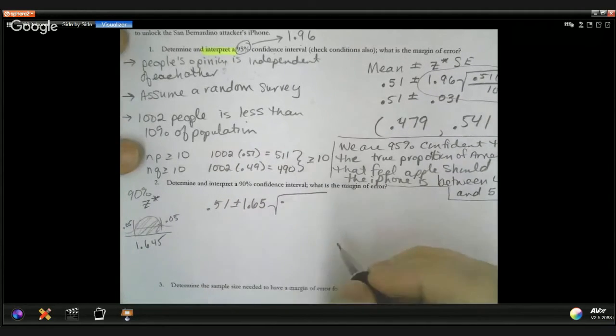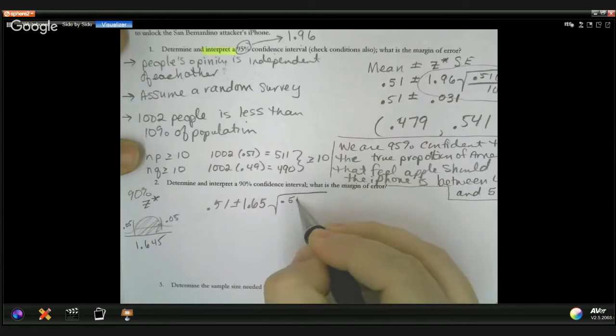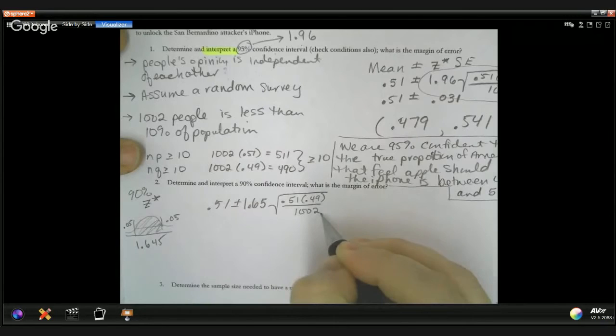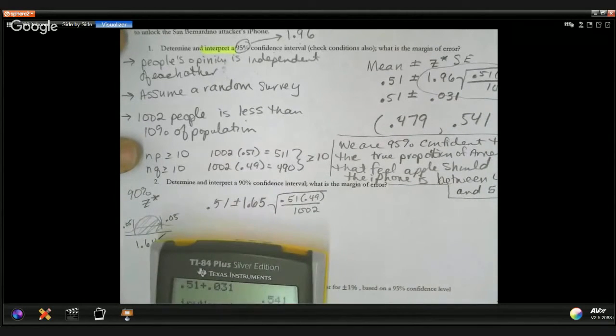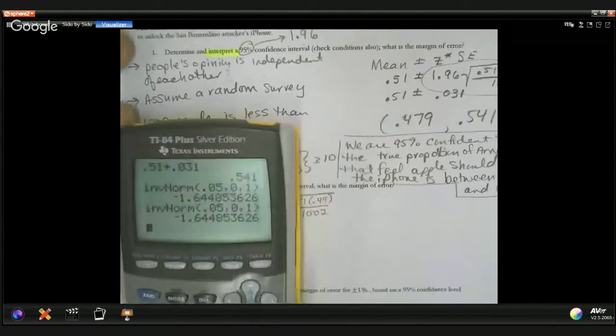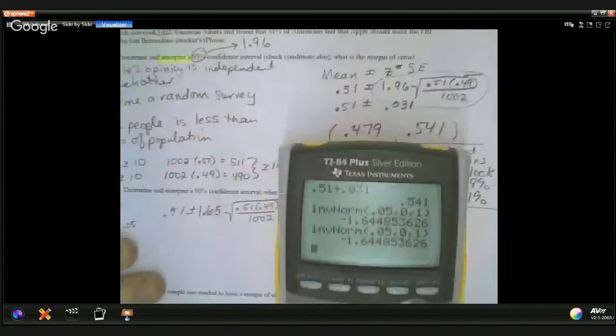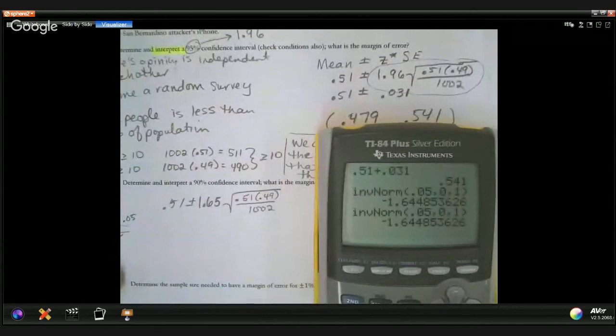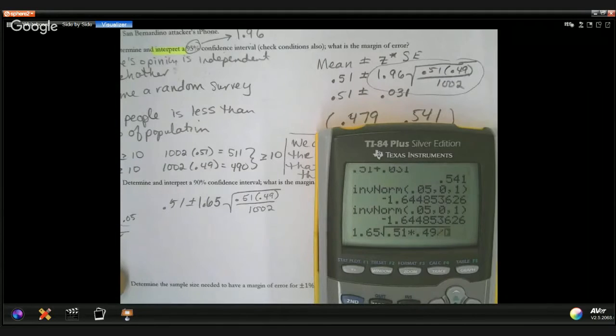And so now I'm going to do the same thing I did above, where I can plug it in. So let's scoot this over so we can see it. There we go. We can see both now. 1.65 times the square root of 0.51 times 0.49 divided by 1002.